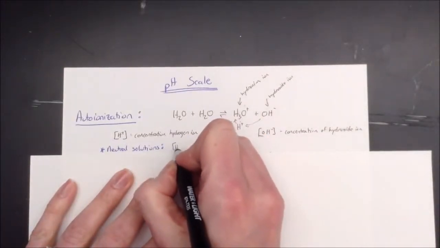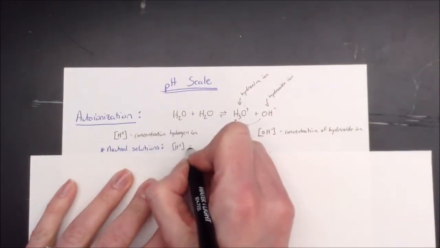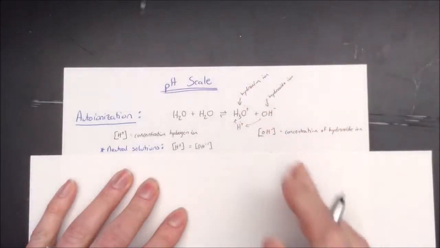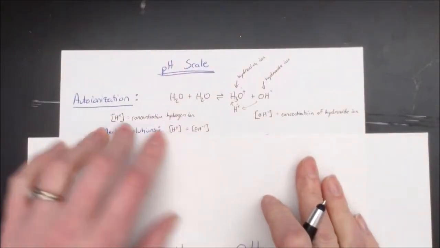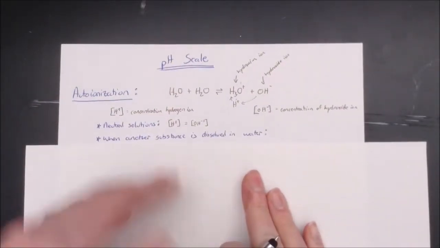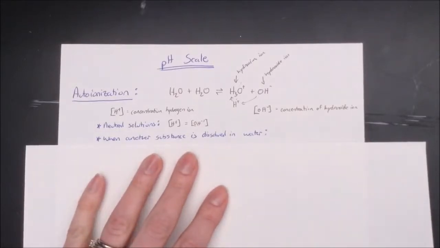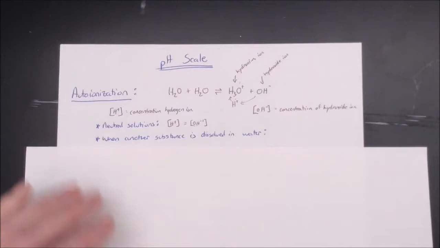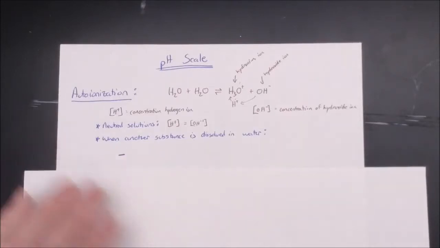So in a neutral solution, like water, the amount of hydrogen that's floating around there is the same as the concentration of the hydroxide ion. But when you put something into the water and it dissolves, interesting things happen, and you end up having either more hydrogen or more hydroxide. So we'll talk about both of those.